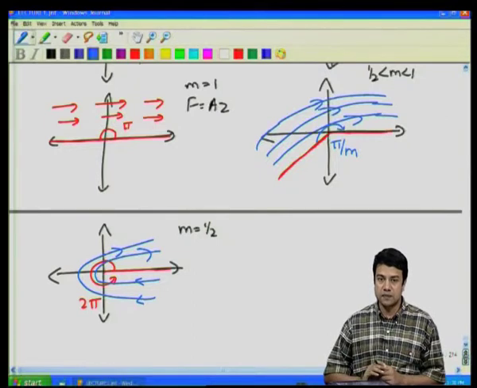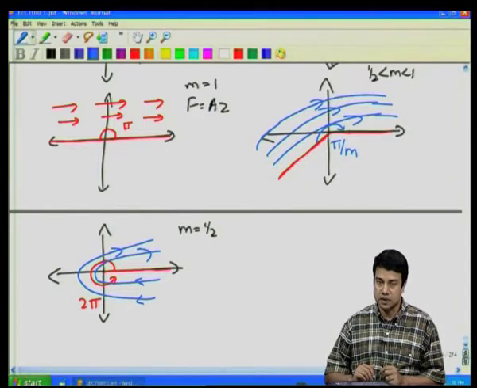So, these are the kinds of velocity fields that you get if you consider simple functions which are some powers of the complex number. The lowest power that you can have is z power half, m equal to a half. In that case, the angle is equal to 2 pi. Between half and 1, you have an expanding flow.